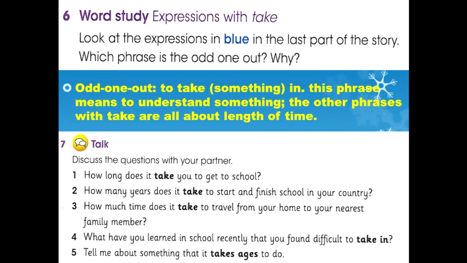How much time does it take to travel from your home to your nearest family member? Say uncle, brother if he's married, or sister, aunt, uncle, etc. Now 4. What have you learned in school recently that you found difficult to take in? To take in, as we said, means to understand. And number 5, tell me about something that it takes ages to do.